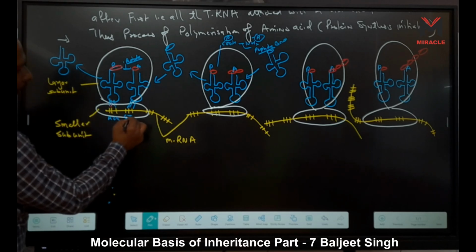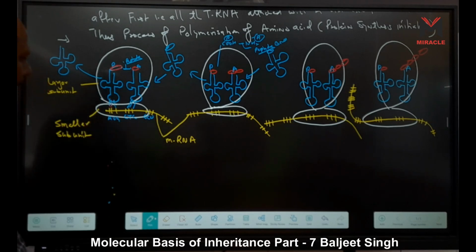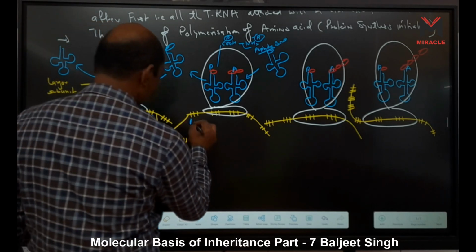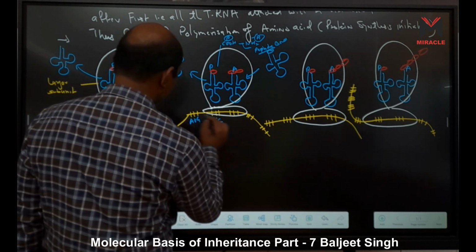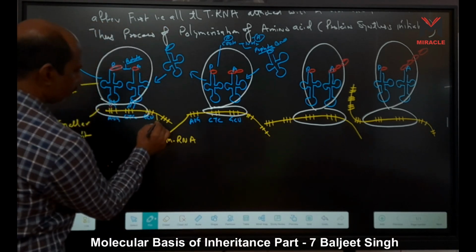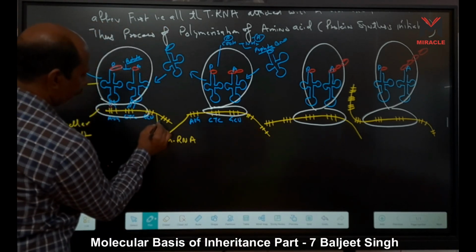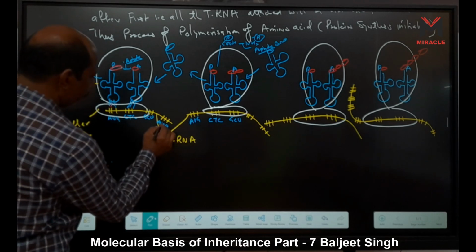T, C, G, C, U, so many are there. AUG comes to that side. Now this is the CTC. Now third is GCU, and suppose the next is AUA.